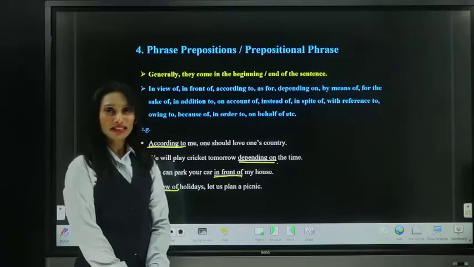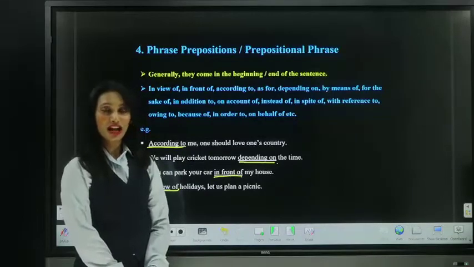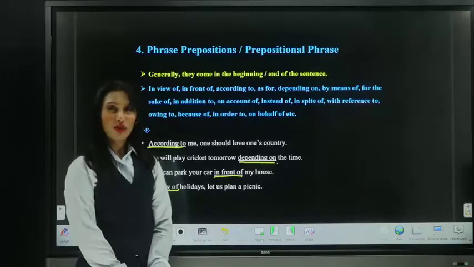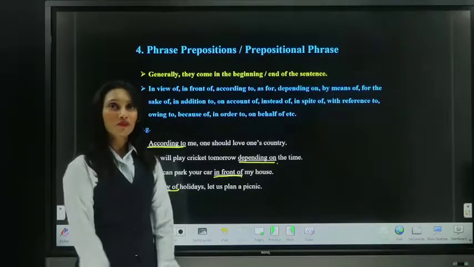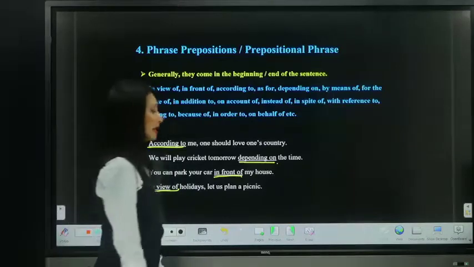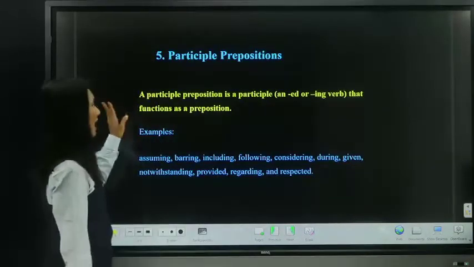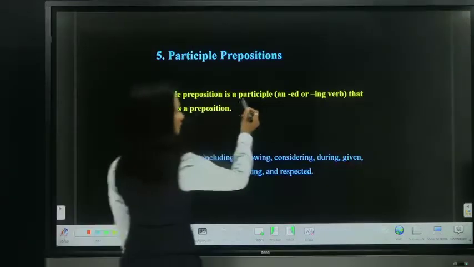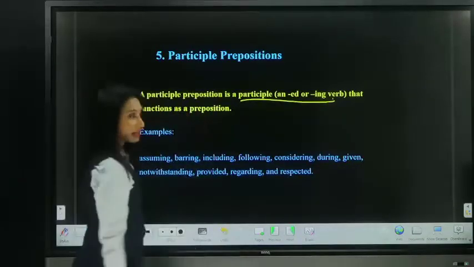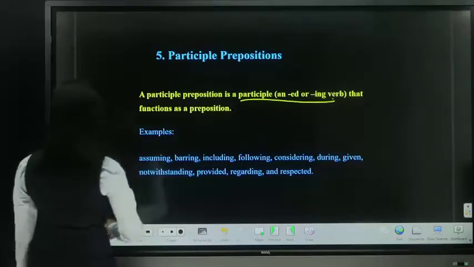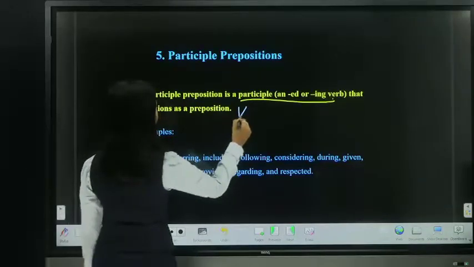In the first session, the basic session, I discussed participle adjectives. So what are participles? V3 is the past participle and V4 is the present participle, ending with ed and ing.